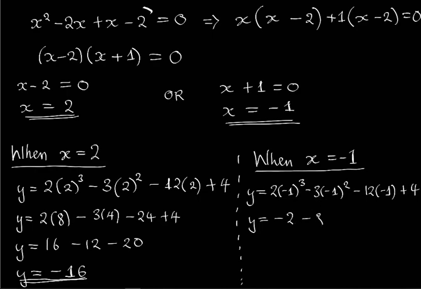Here we're going to have negative 3. Notice negative 1 raised to the 2 is 1. 1 multiplied by negative 3 is negative 3. And then negative 12 multiplied by negative 1 gives us a positive 12. Then we have a plus 4. This is 16, and 16 minus 5 is going to give us y is equal to 11.